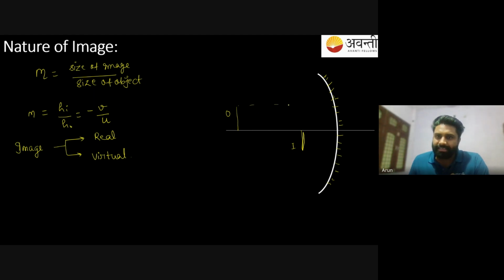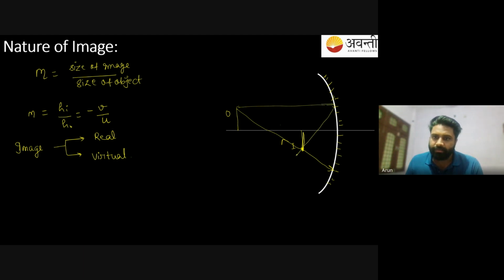You can see this. If I draw the incident ray, and again this is the incident ray we have here, for these rays you can see that this image is the actual meeting of the reflected rays.